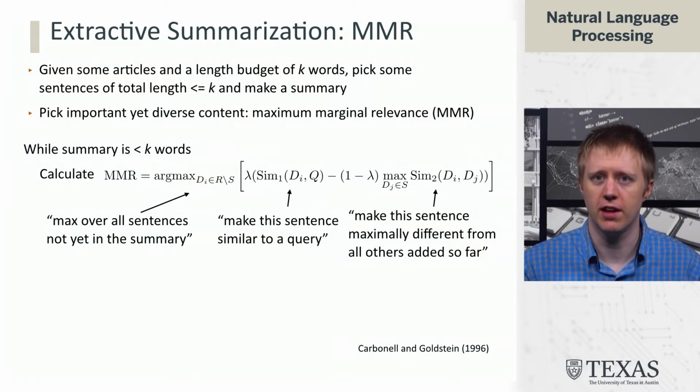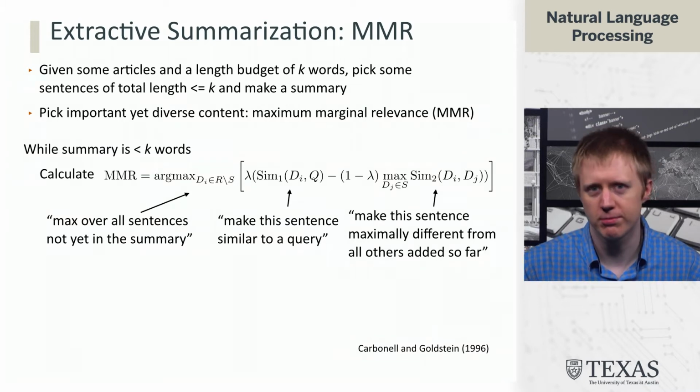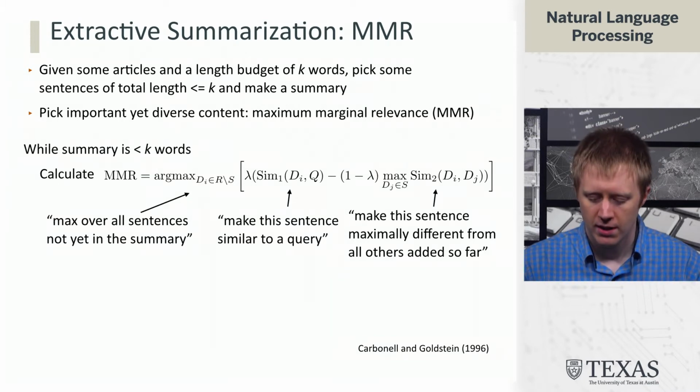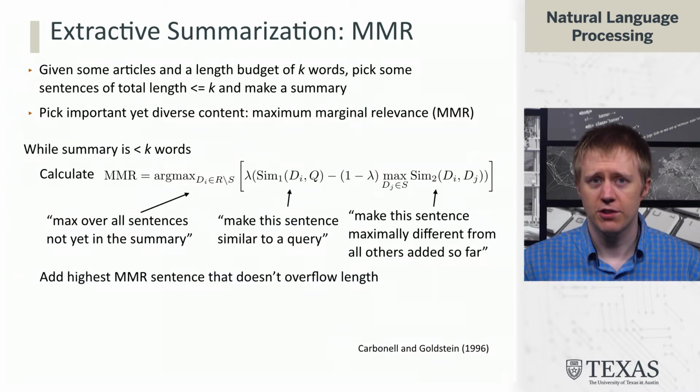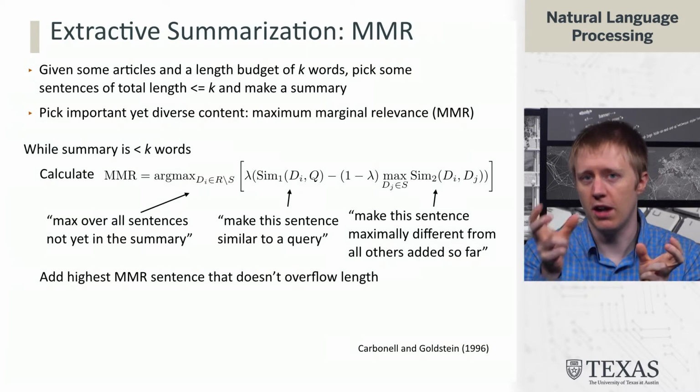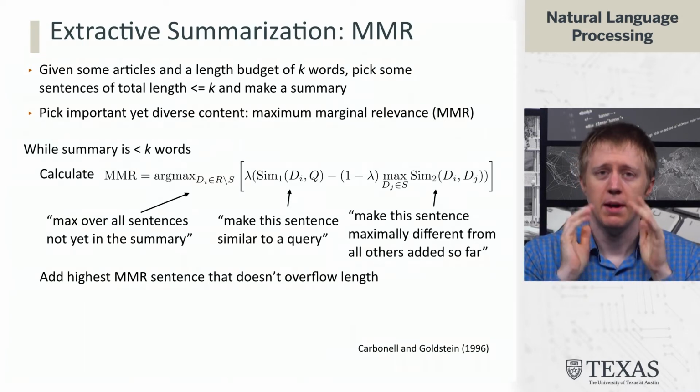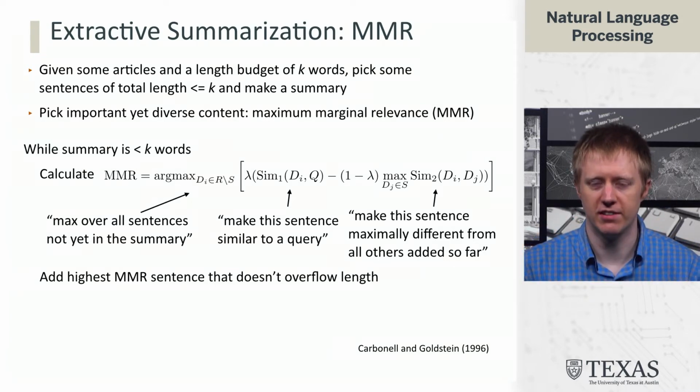So you look at all the other sentences in your current summary, and you want to make it dissimilar to the most similar sentence in it. After this process returns a sentence that should ideally have a mix of good new content while not overlapping with what's already here, we add one that doesn't blow our length budget.